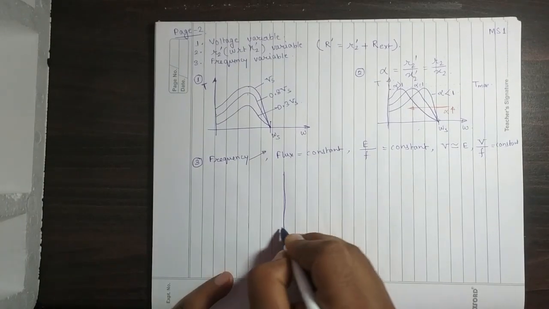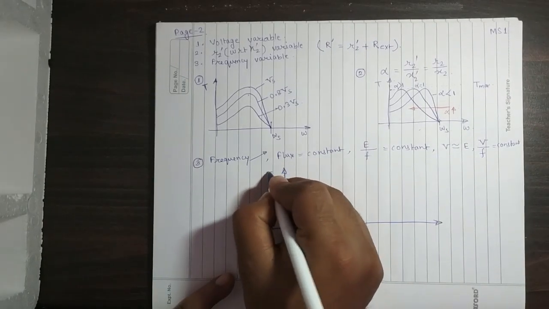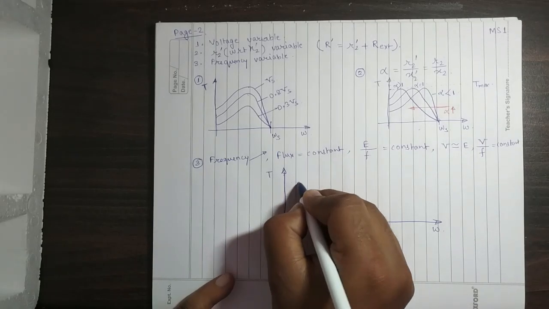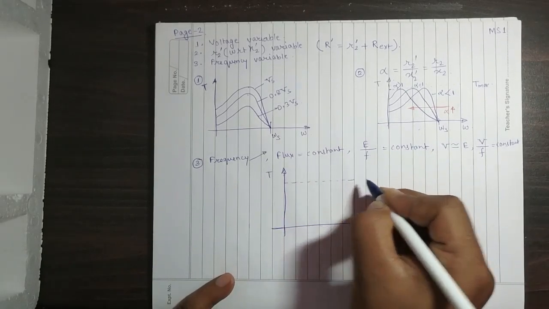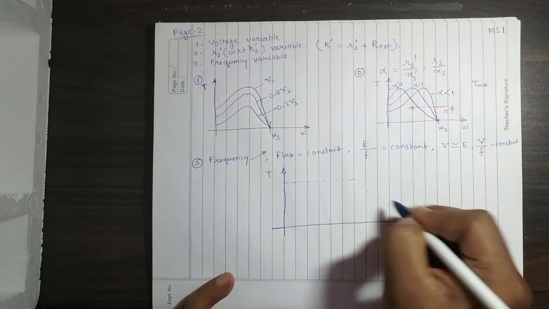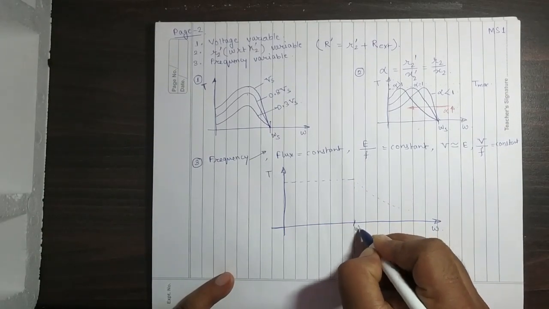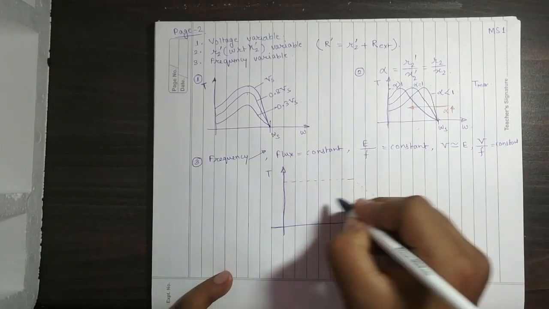So when you draw this speed torque characteristics, this one is also from the previous teaching in my class. At this point, this one is the omega s point, that is the synchronous speed.